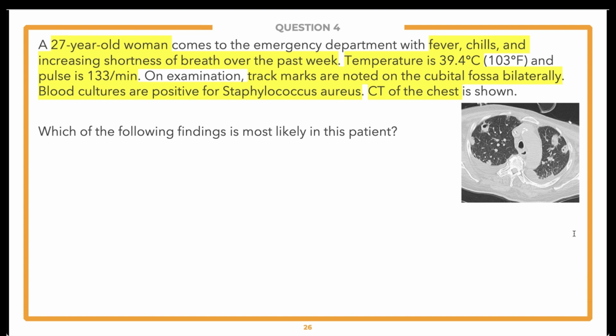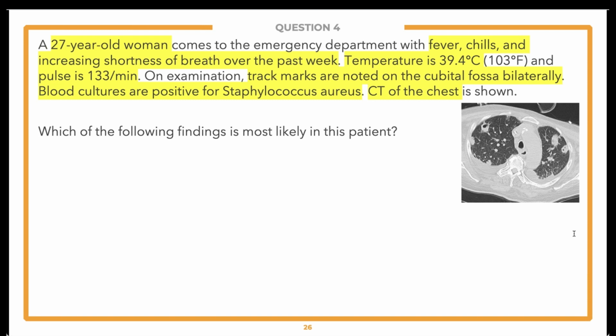27-year-old woman. So again, demographic information, always looking at that first. We've got the fever, chills, increasing shortness of breath. So perhaps we've got an acute infectious process going. She's got a high-grade fever. Looking at that pulse, she's tachycardic.